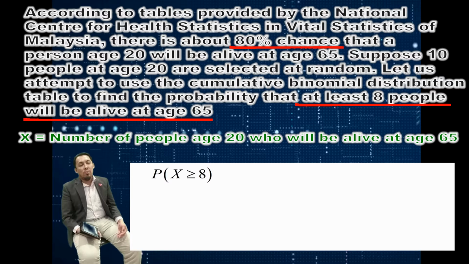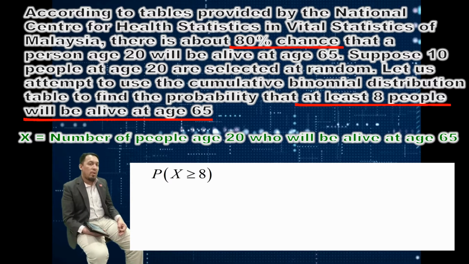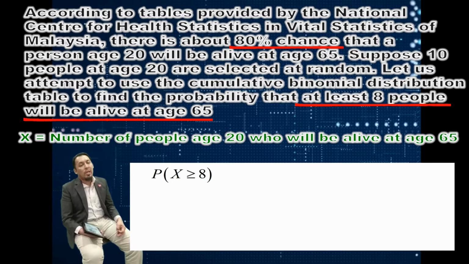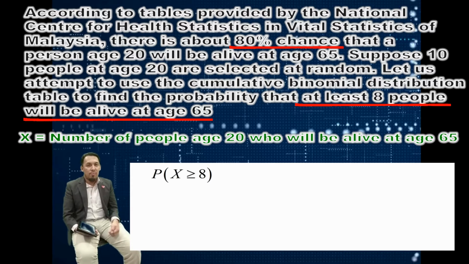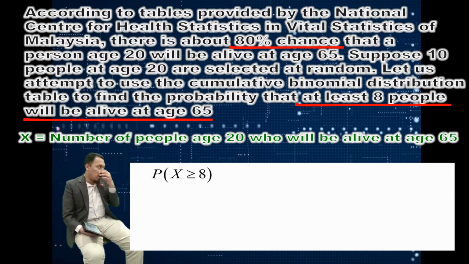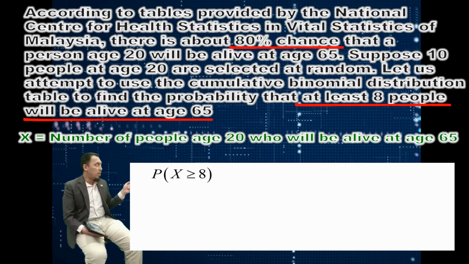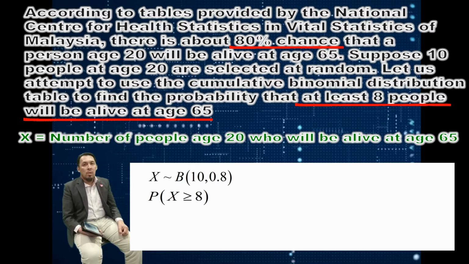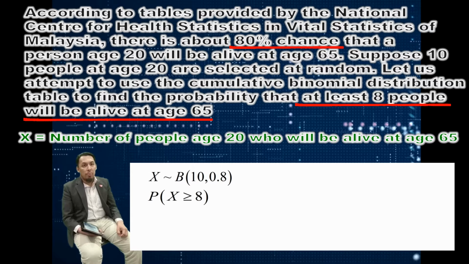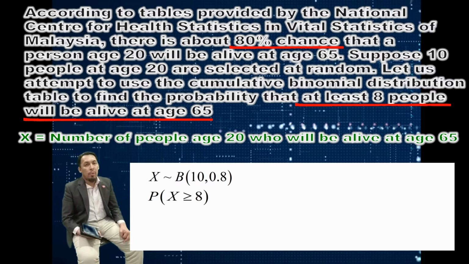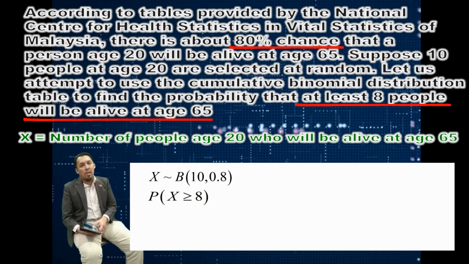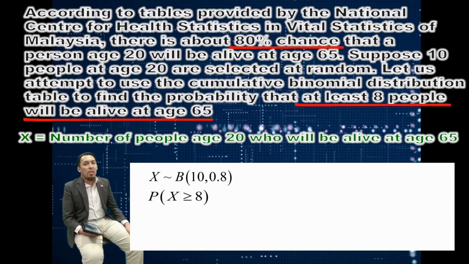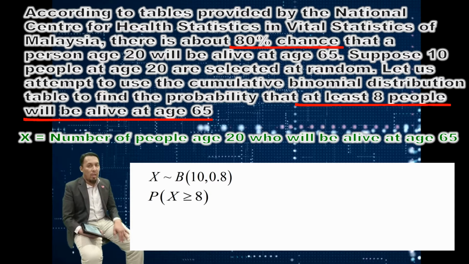What is the p for that random variable? 0.8 or 80%. So let us write that down first. We have X approximately B with n equal to 10 people and p equal to 0.8.